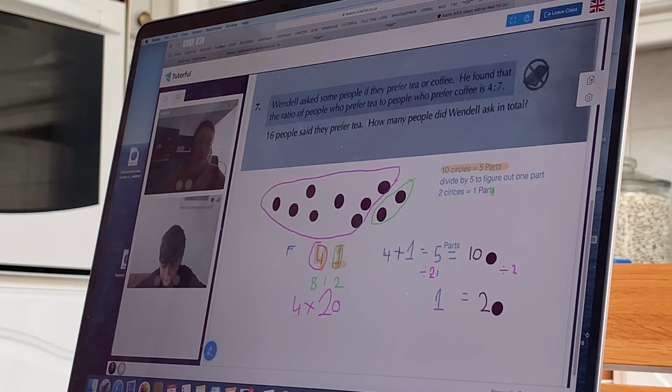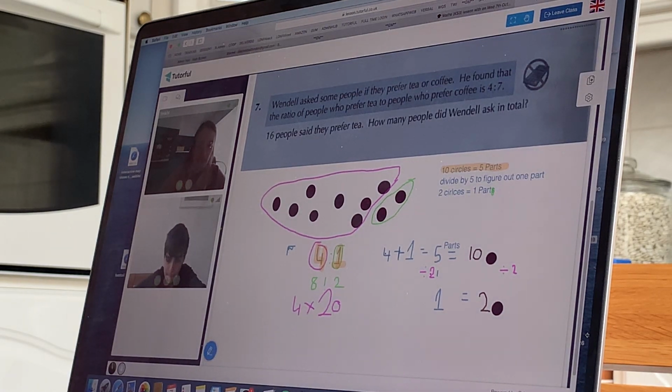So we have 10 circles with a ratio of 4 to 1. We know that because we want to split it into 4 parts and 1 part, we have 5 parts overall to split it into.